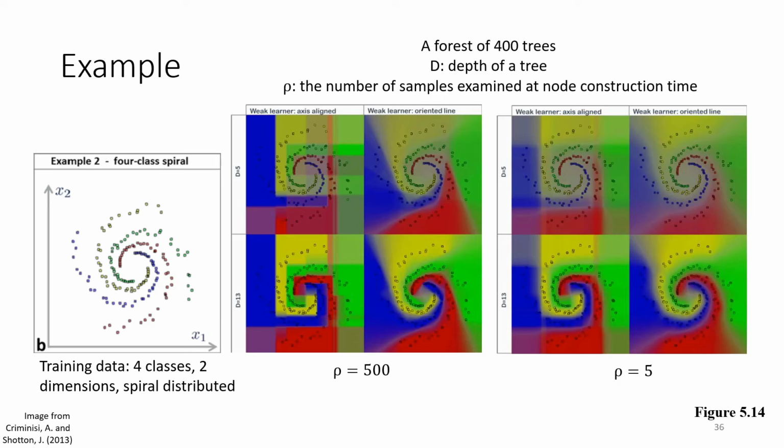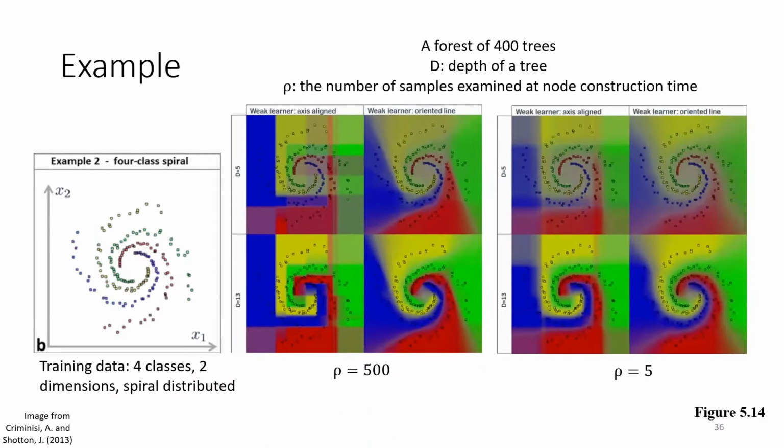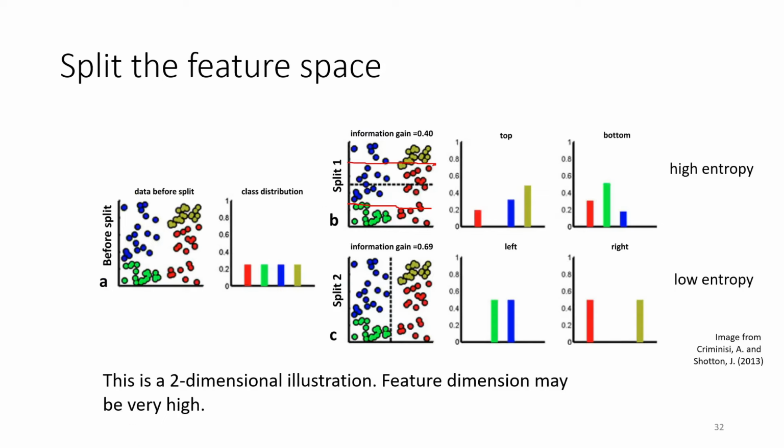All right, so this is axis aligned. It means when you create the split, we can only follow the axis. Let me go back to this slide. If I split this one, split 1, also split 1 and split 2, all of them align the axis.